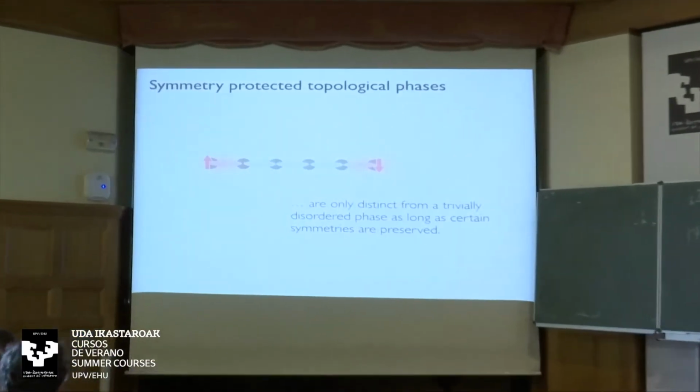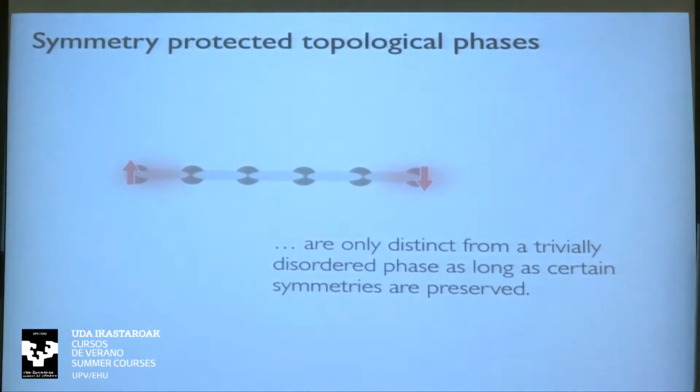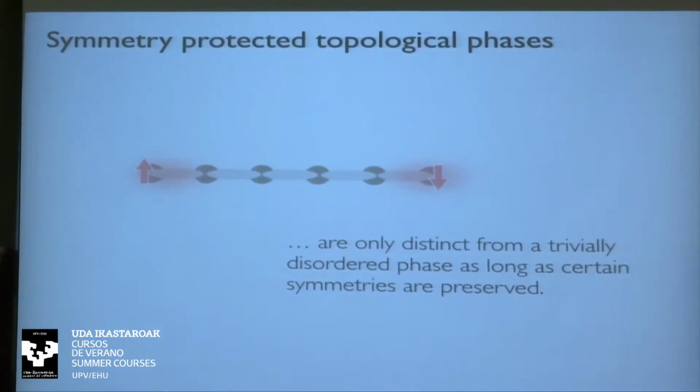And these are, in a way, generalizations of topological insulators, right? Like a Z2 topological insulator is a symmetry-protected topological phase, in that case, for example, protected by time reversal symmetry. And here I want to discuss the generalization of these concepts to genuine interacting models. And the neat connection to what we discussed before is that those topological invariants can basically be read off from the matrix product state representation.